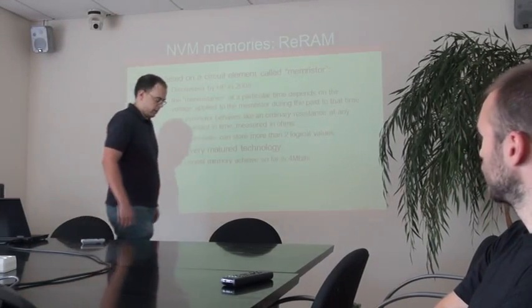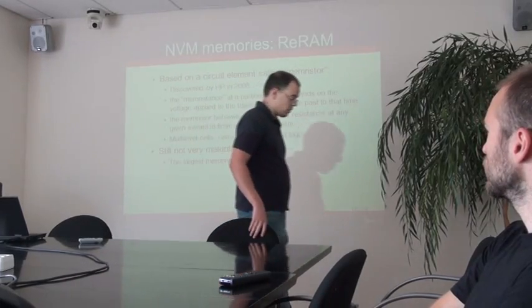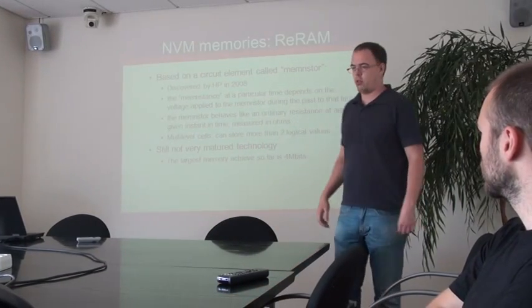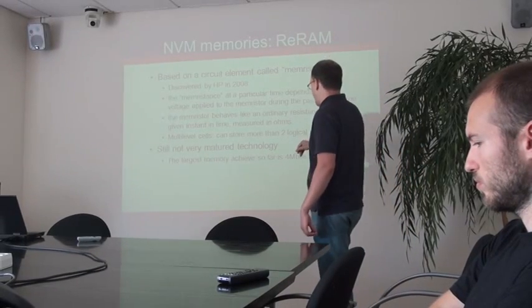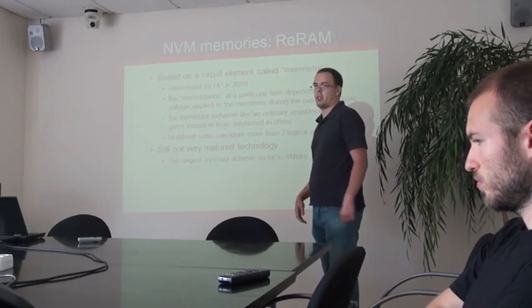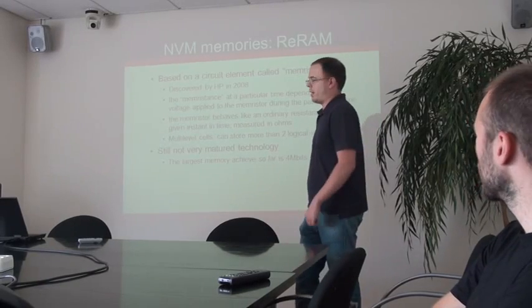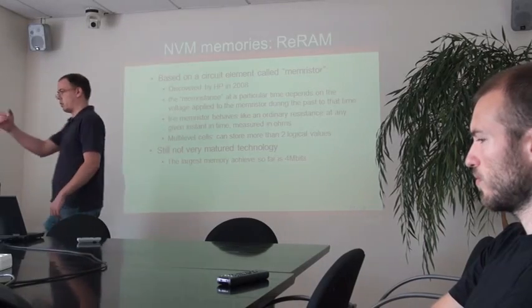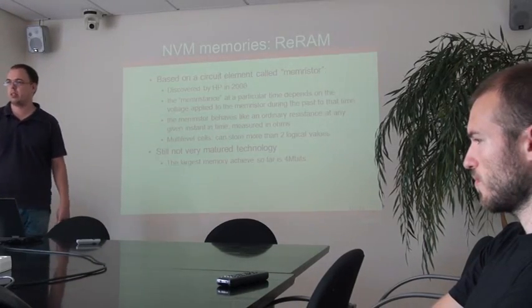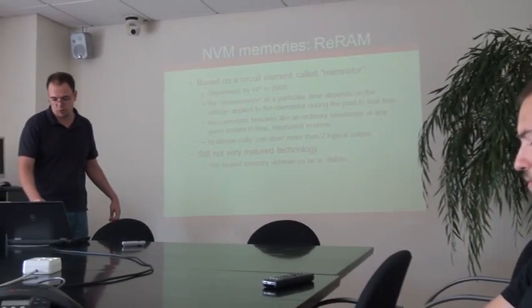Still, this is challenging because we don't have too many prototypes out there. So far, the best is a 4 megabit memory. It's very difficult to predict how it's going to evolve, but it's a very promising technology according to Hewlett-Packard.